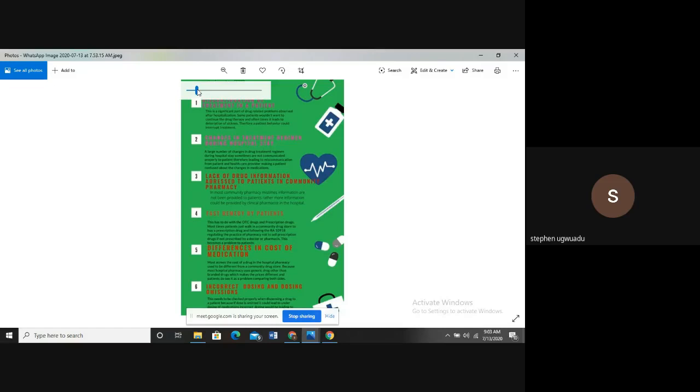In most community pharmacies, we tend to see that when you just go there and buy drugs, you need your drugs, you go there to get your drugs. All the pharmacy or the care provider there does is just to give the drugs.